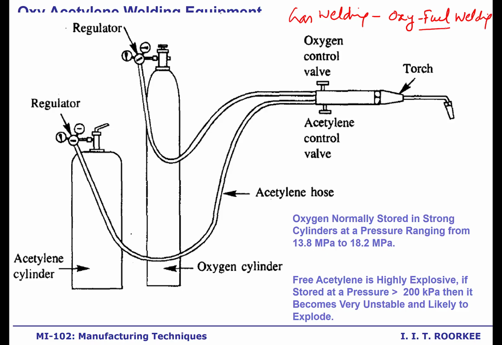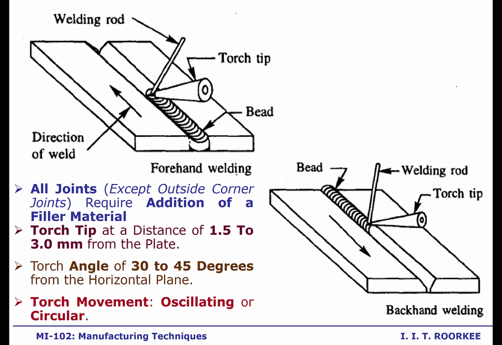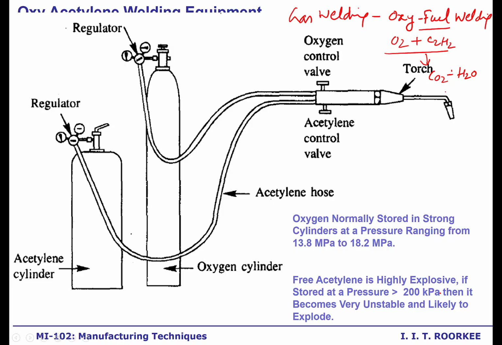Through the combustion of fuel gases like acetylene, propane, or hydrogen, the fuel gas reacts with the oxygen and produces carbon dioxide and H2O plus some exothermic heat. This exothermic heat generation is used for the welding purpose.